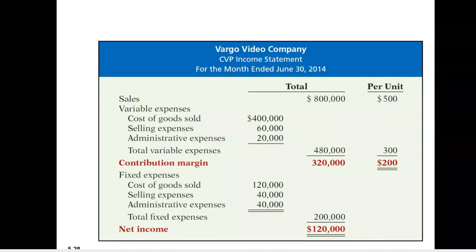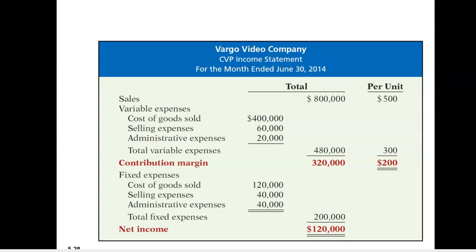Now we could look at this contribution margin on a unit basis. That is, we sold 1,600 units. So the per unit cost for this product was 500. Therefore, the variable portion is 300, 480,000 divided by 1,600 units.